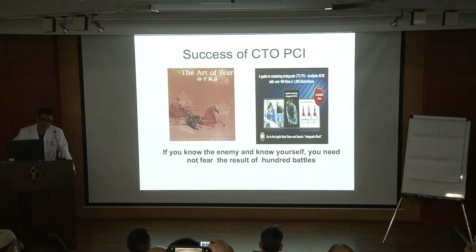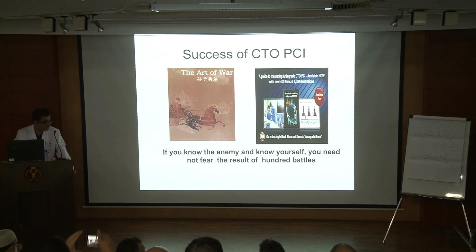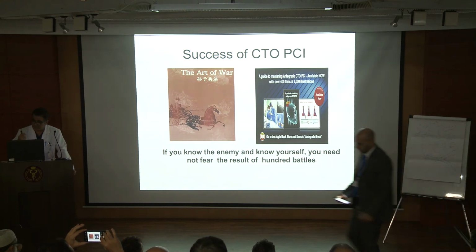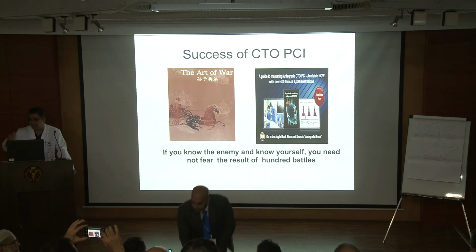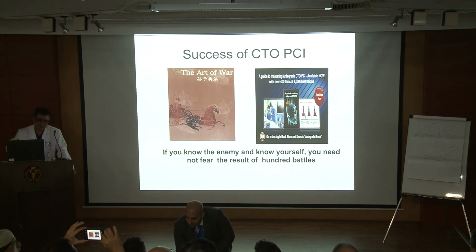So if you want to learn CTO, I would highly recommend having a look at this antegrade retrograde book, because it has very simple, conceptual understanding of how CTO procedures could be done.